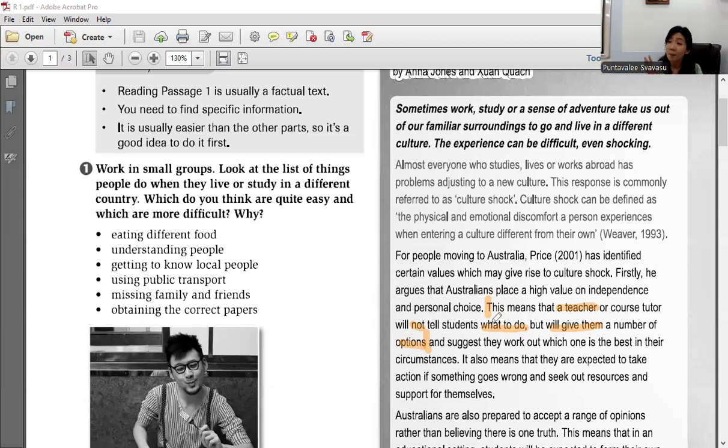Pause the video now to complete it, and then I'm going to tell you the answers for 2 to 6, based on scanning and detailed comprehension. So pause the video now. We'll see you back in a few minutes.